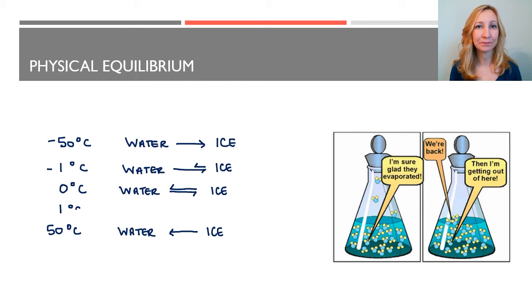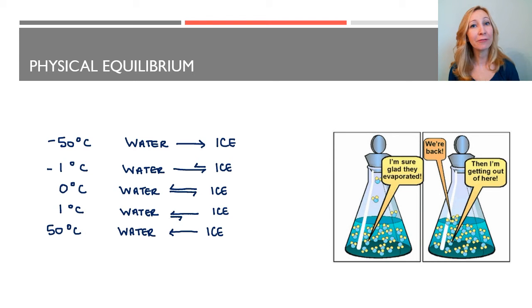So we would represent this with an arrow, a longer arrow pushing to the right and a shorter arrow pushing to the left. And we also see the same concept if we have an ice cube at 1 degree Celsius. That ice is going to melt, but there also might be a little bit of water on the surface of that ice that freezes and turns back into ice. But for the most part, that ice will melt and turn into water.